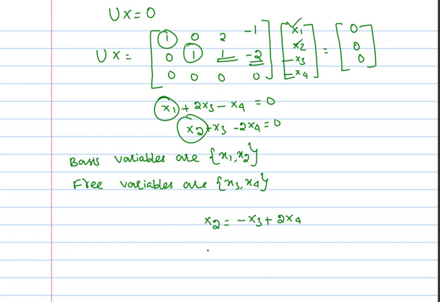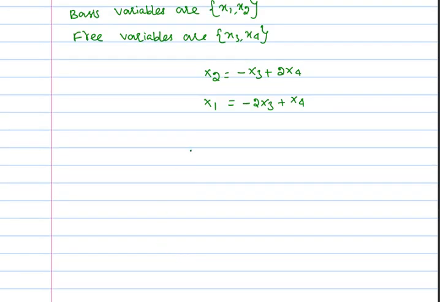And x1 equals minus 2 times x3 plus x4. So I want to represent this in terms of equations: x1 equals minus 2 x3 plus x4, x2 equals minus x3 plus 2 x4, x3 equals x3, x4 equals x4.